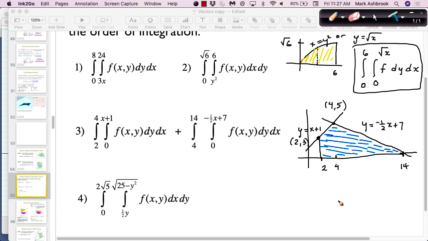So left to right means we're coming in this way. Do we always have the same boundary, or does it change? It changes. How many times? Yeah. So you have this part of the left boundary and this part of the left boundary. And what about the right boundary? Stays the same. So that tells you how many integrals you need.